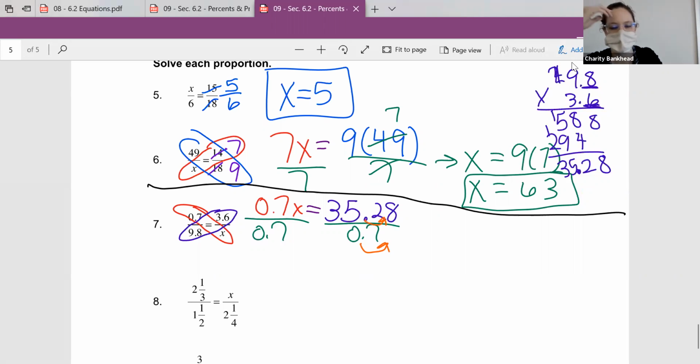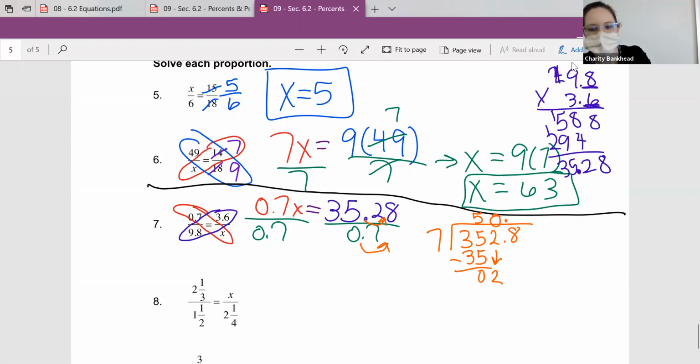And then you move the other decimal point the same amount of times. So this would actually be like 7 divided into 352.8. So then 7 goes into 35 5 times. And then 7 can't go into 2, so you put a 0. And then you bring down the 8. And 7 goes into 28 exactly 4 times. So my answer is x equals 50.4.